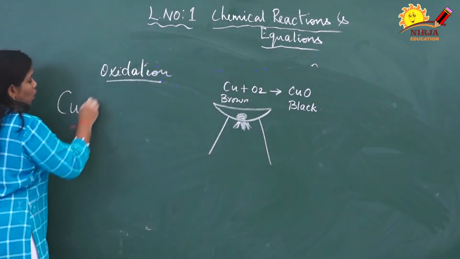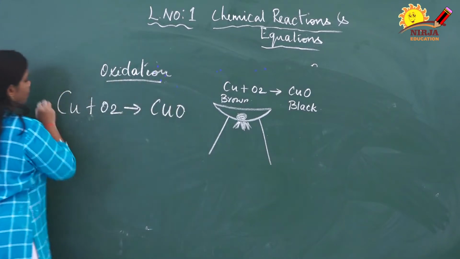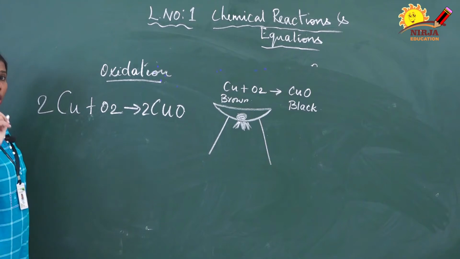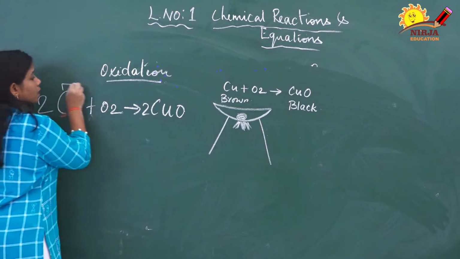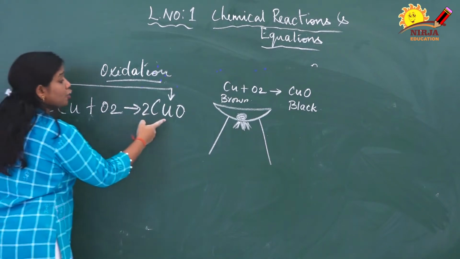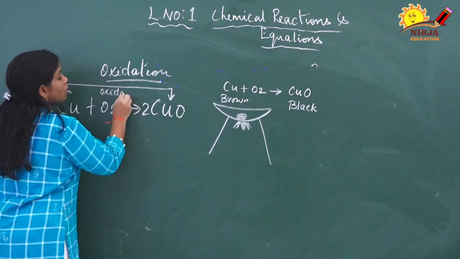So Cu reacts with oxygen to produce CuO. This is called oxidation. How? Here the copper is converted into copper oxide, so addition of oxygen happens. This process is called oxidation.